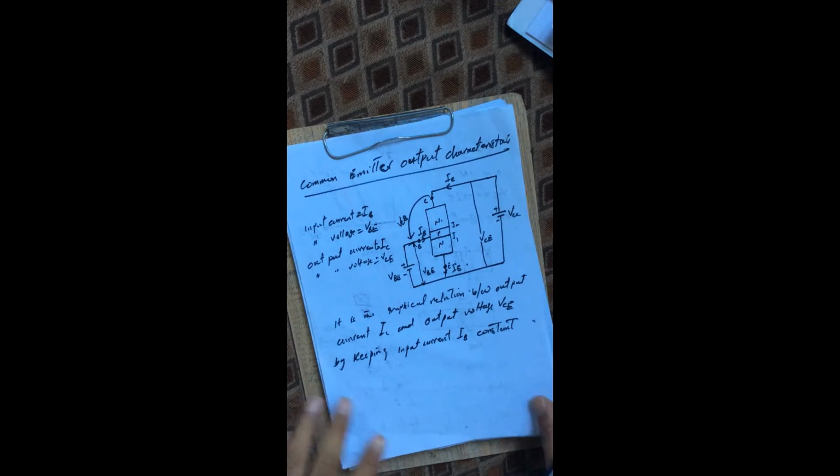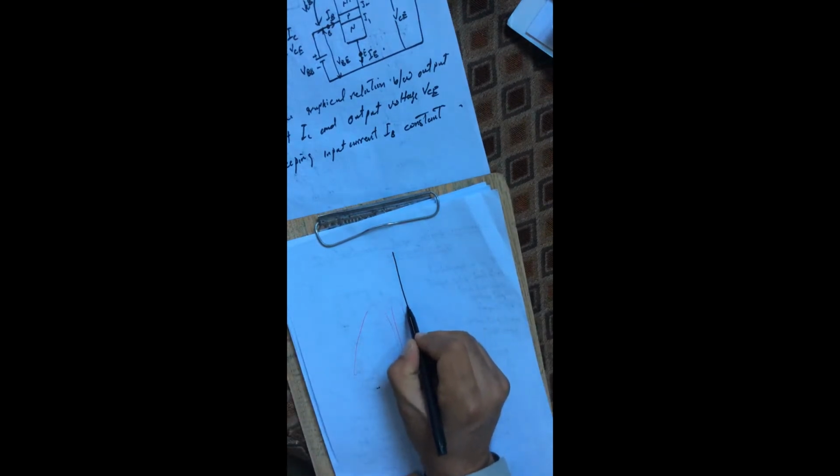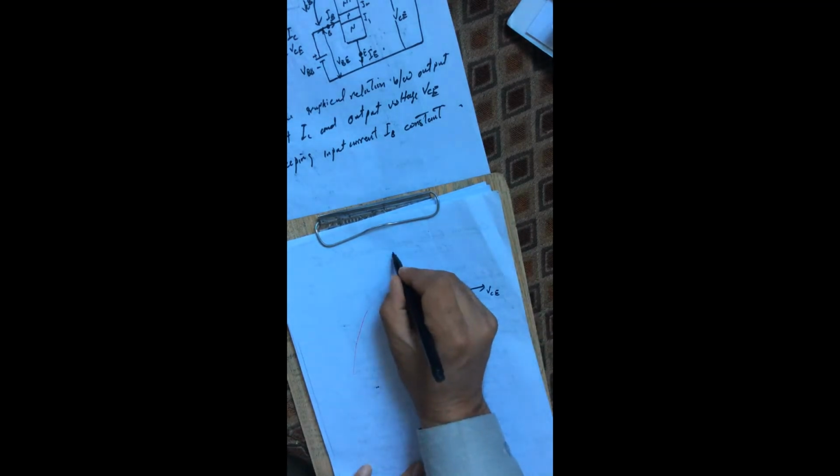So I will plot the graph here. The output characteristic will be the graphical relation between output voltage VCE and output current IC.